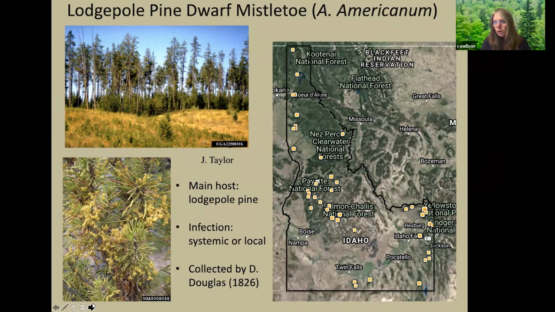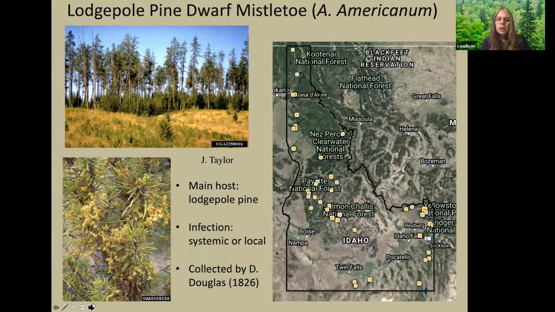So it grows right along with the host tree. And those types of infections can really be more damaging, I would say, than more local infections. And they only occur in a few species. And one of those species is the lodgepole pine dwarf mistletoe.